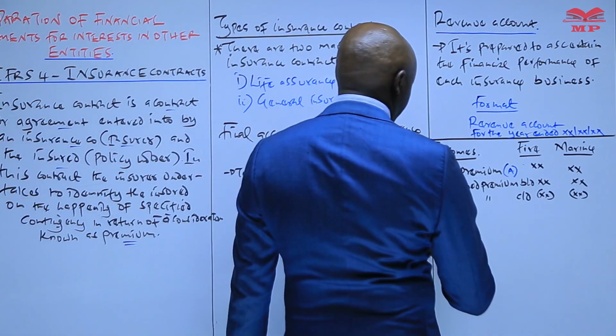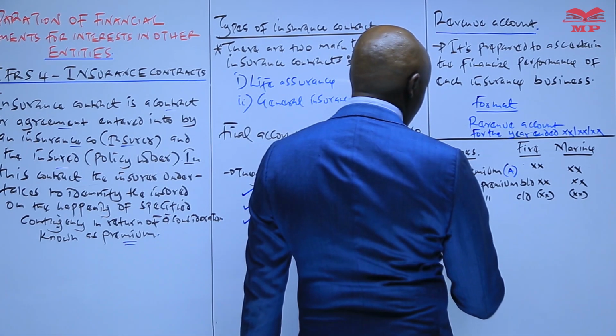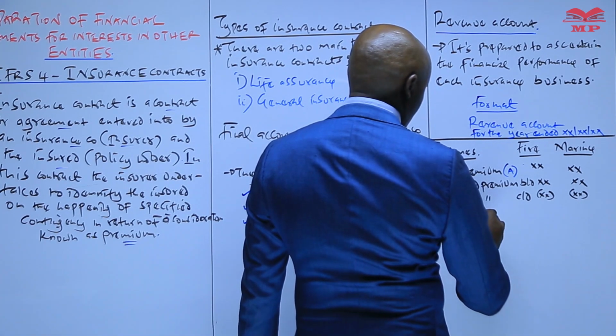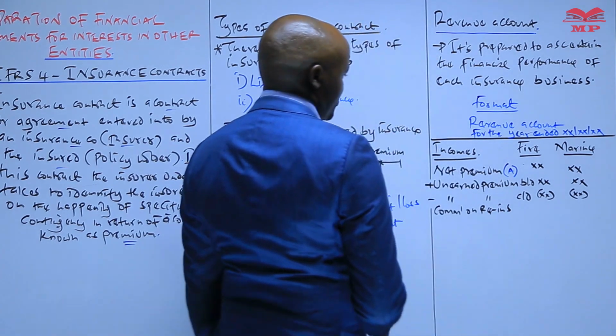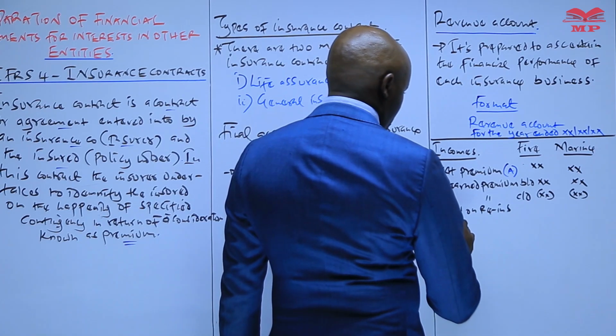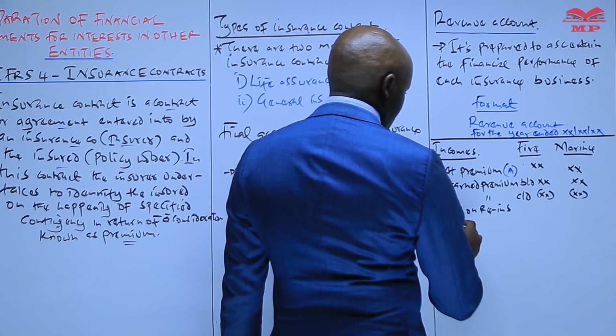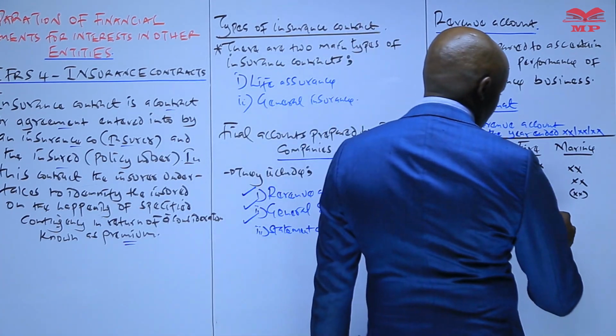You deduct it there. And then to this, we also add something called the commission on reinsurance ceded. Commission on reinsurance ceded.